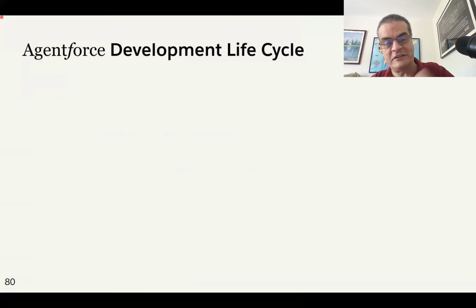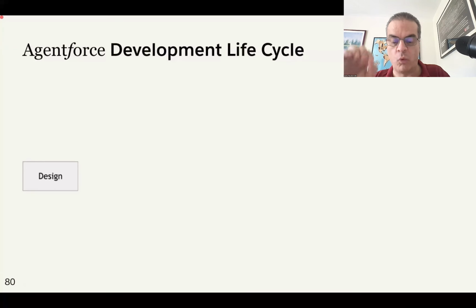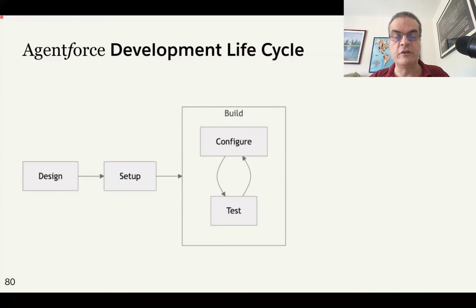The development lifecycle of your agent starts with designing. In this design, think about the utterances. What are the questions that the agent needs to answer? Then go into setup: turn on this, turn on that, set up Data Cloud if you're going to use RAG, do all the setup. Then you start building your agent.